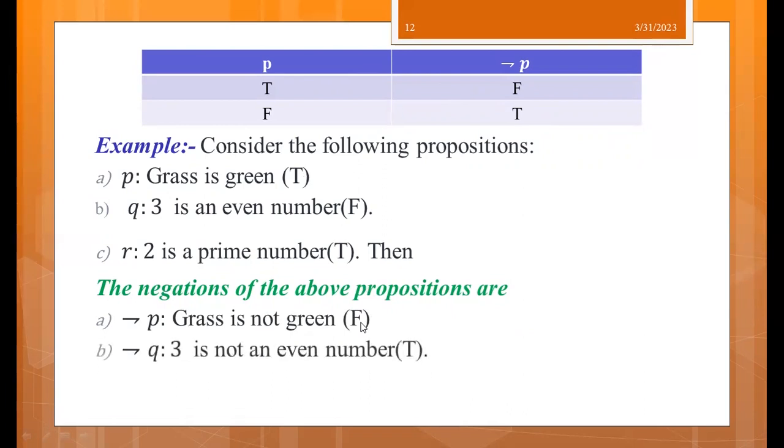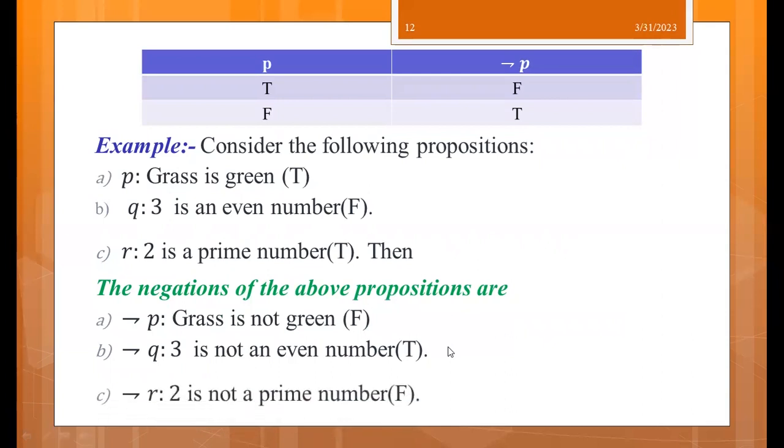Second one, Q: 3 is an even number, so the negation of Q is, 3 is not an even number. Here Q was false, but its negation, 3 is not an even number, becomes a true proposition.